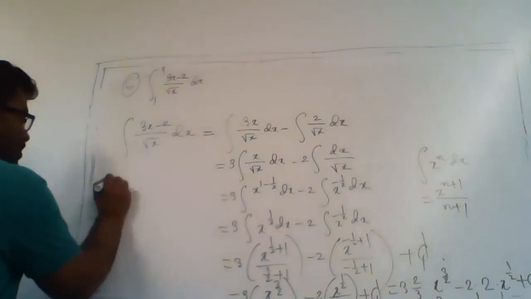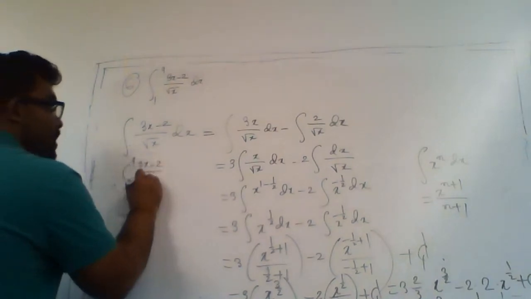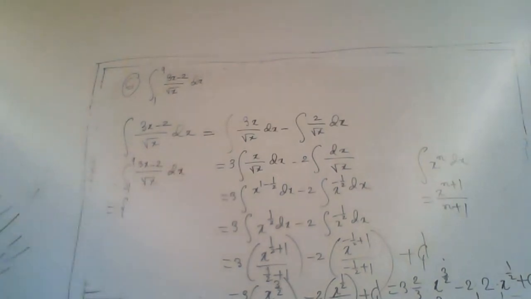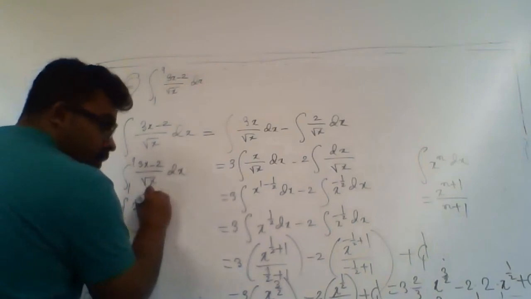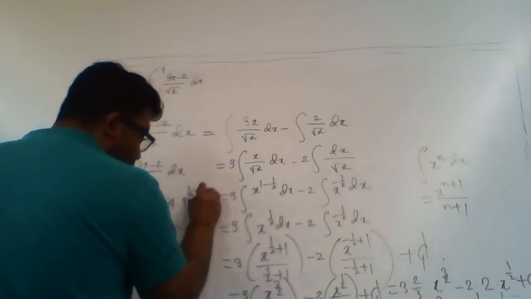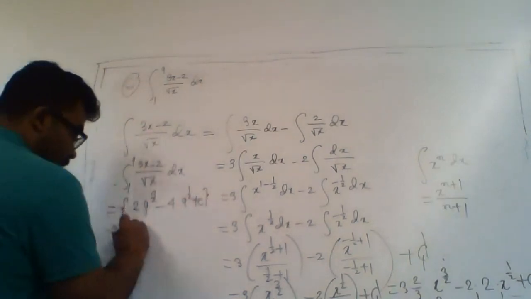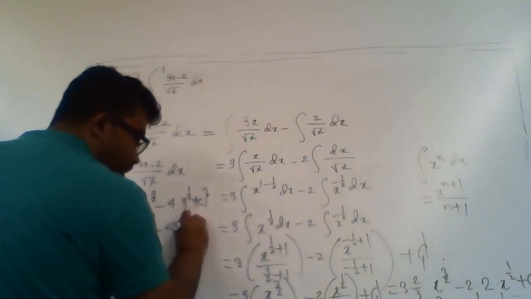In this expression, put the top and the bottom limits and find the difference. So therefore, the integral from 1 to 9 of 3x minus 2 by square root of x dx is equal to, first put 9: 2 times 9 to the power 3 over 2 minus 4 times 9 to the power half plus c, minus, if you put 1 in place of x, 2 times 1 to the power 3 over 2 minus 4 times 1 to the power half plus c.